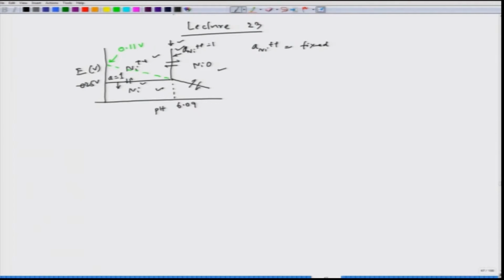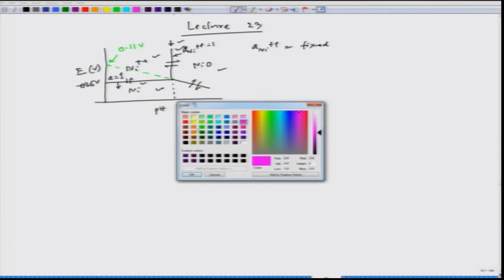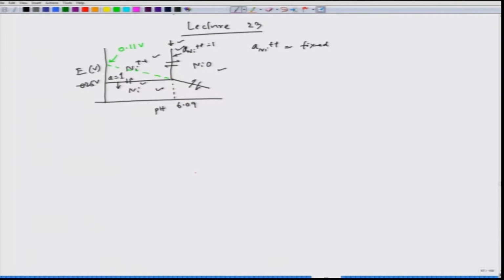Now, here, let me choose a color, let us say this red color. If we choose that color, in this region I could see nickel plus plus. We can get nickel plus plus at any potential and pH coordinate in this particular section covered by this particular boundary.